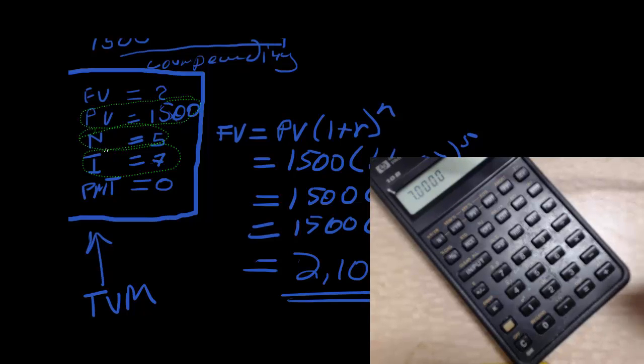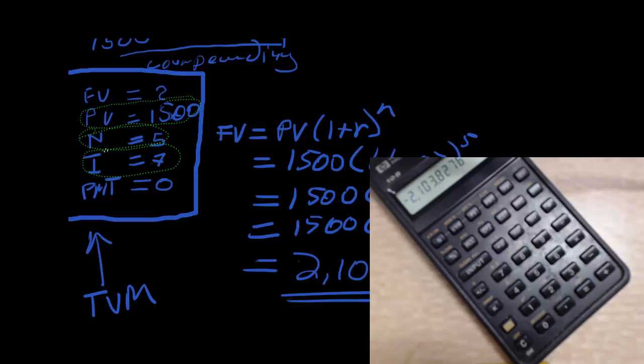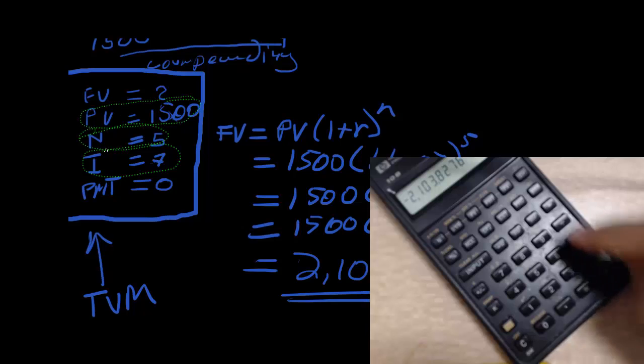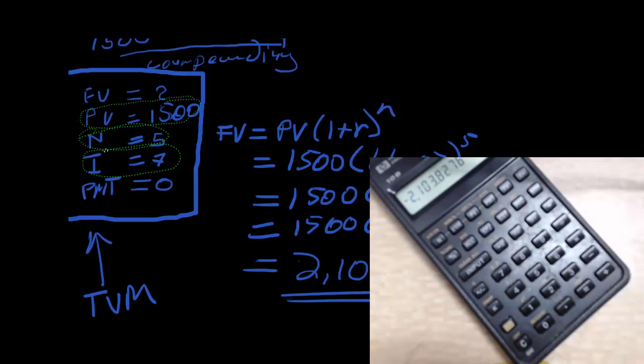And on the 10B, all I'm going to do is hit future value, and it'll give me the same answer I had before, 2,103.82. If you have a different calculator, you may have to use a computation button, or a CPT button.